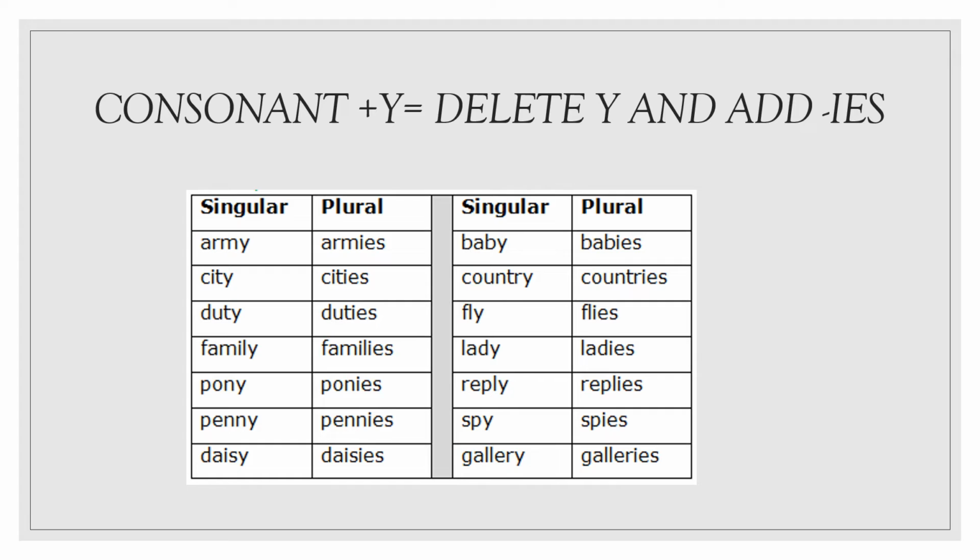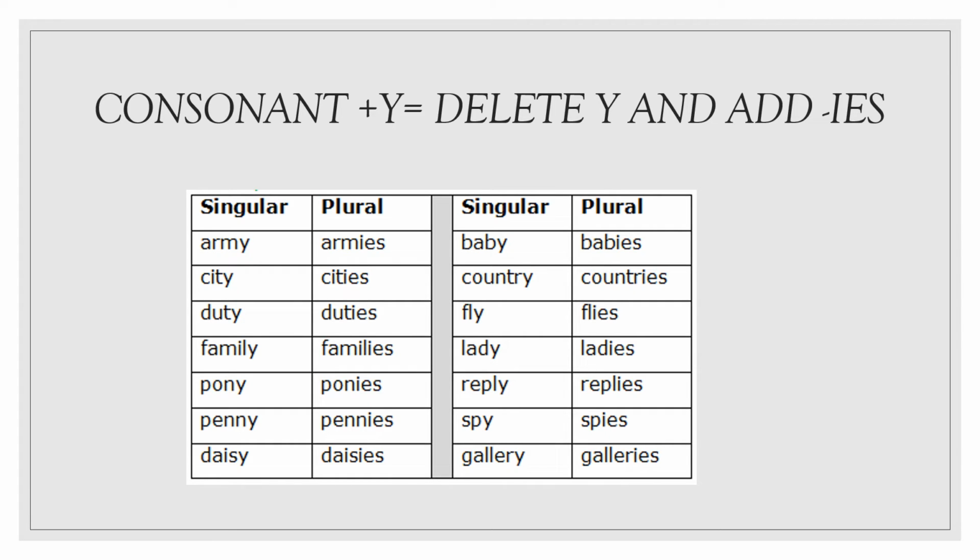Here we have some more examples about nouns that end with a consonant Y, where we would have to delete the Y and add an IES to make it into its plural form. For example, city, I would cross out the Y and make it cities, IES. Family, families.